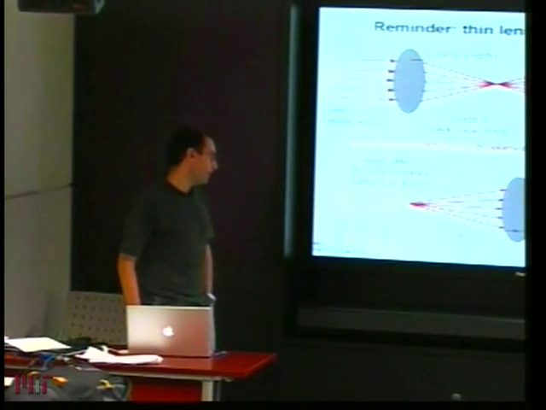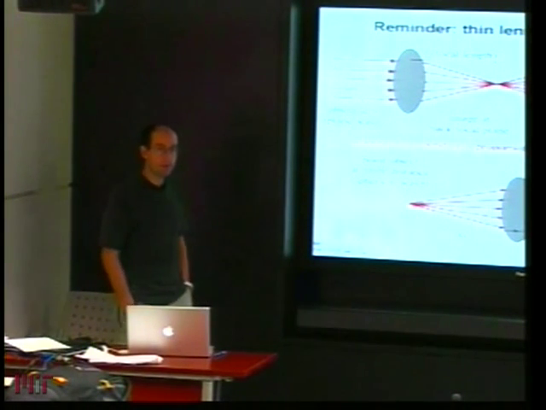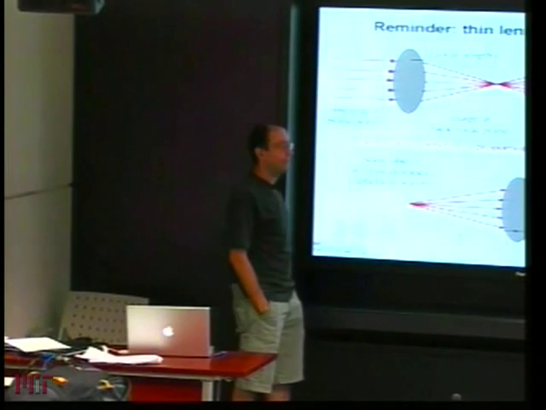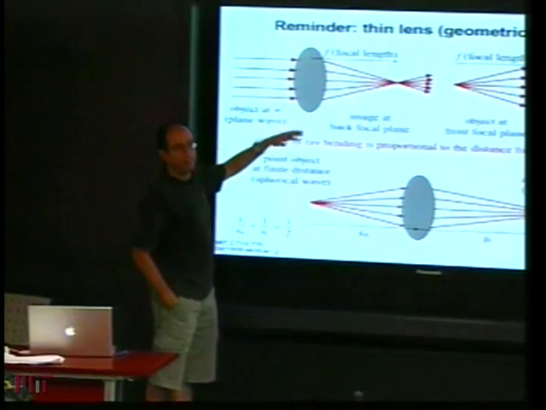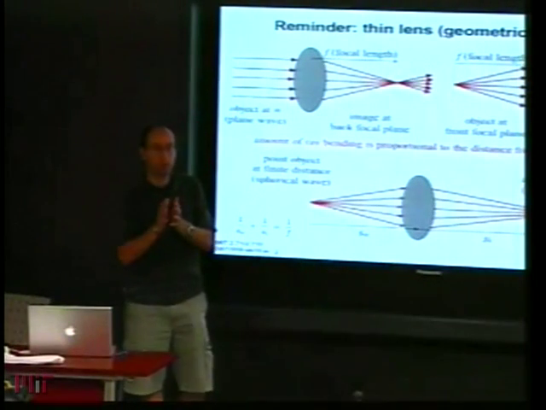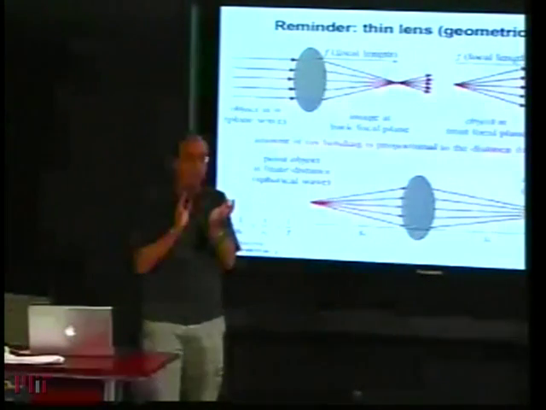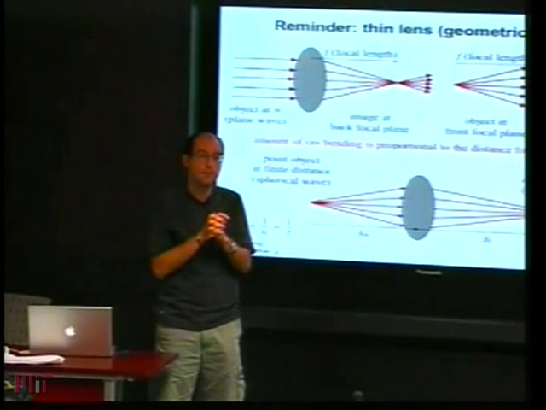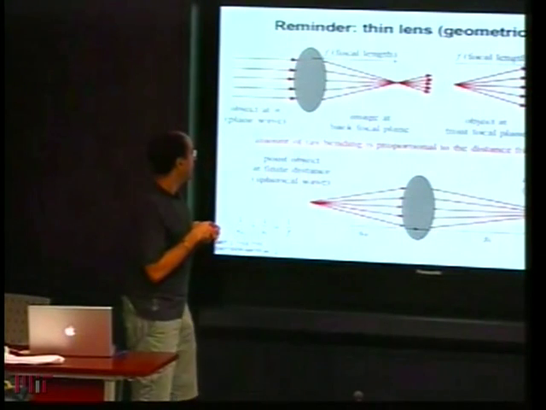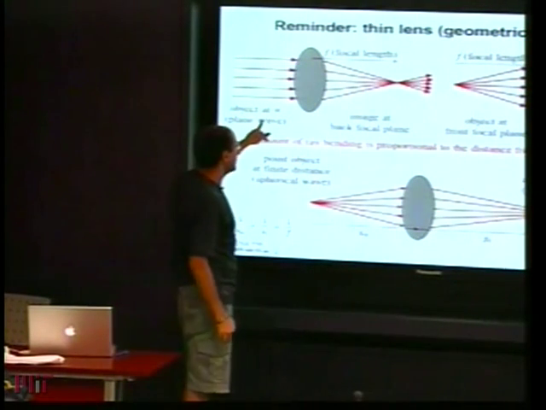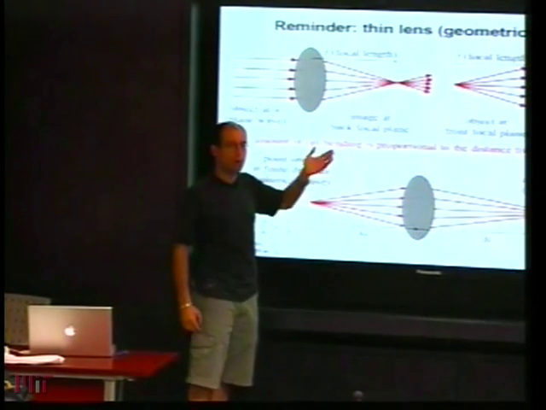Very briefly, to remind you from geometrical optics, which we did maybe about a month ago, a lens is a device that looks like, well, at least one curved glass surface, typically more than one. And it is a device that we can use to focus or collimate light.